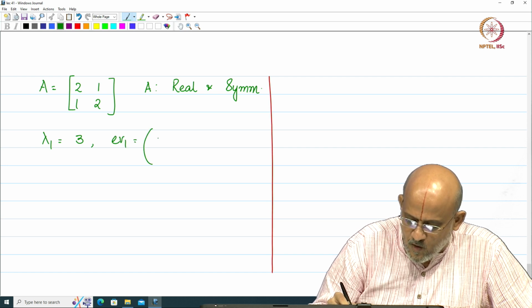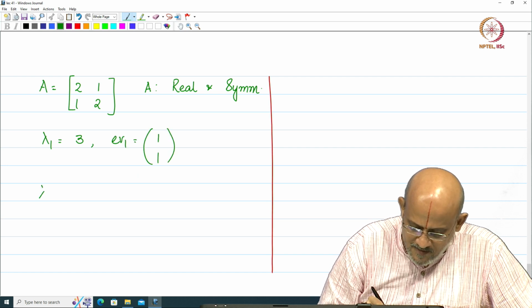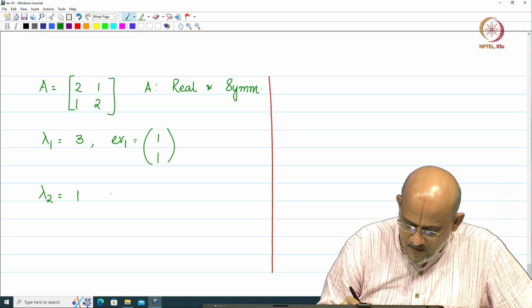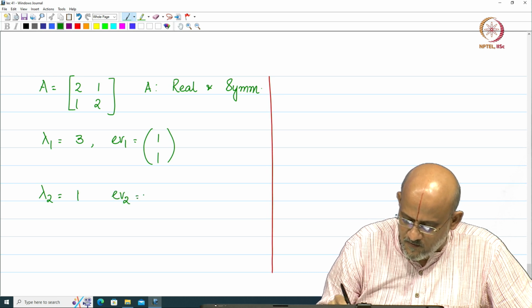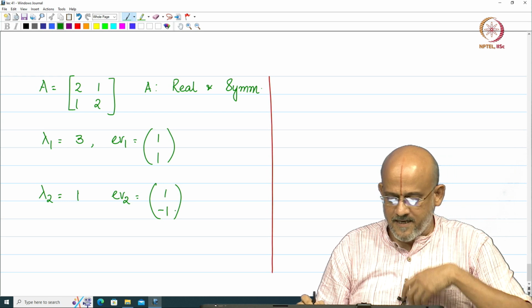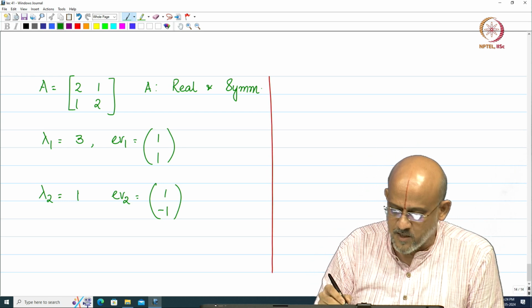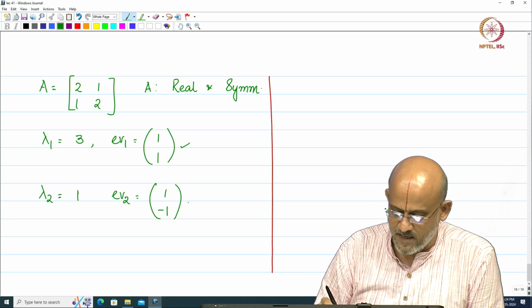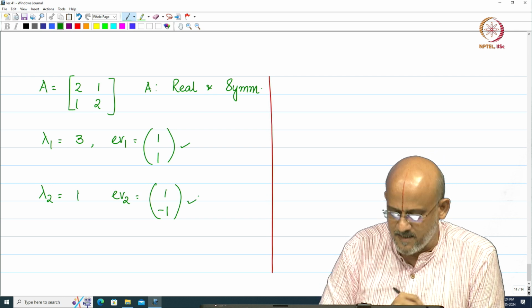which is nothing but 1 1. Lambda 2 was equal to 1 and the corresponding eigenvector was 1 minus 1. Now, let us take a closer look at these two vectors, eigenvector 1 and eigenvector 2. We see something interesting here.